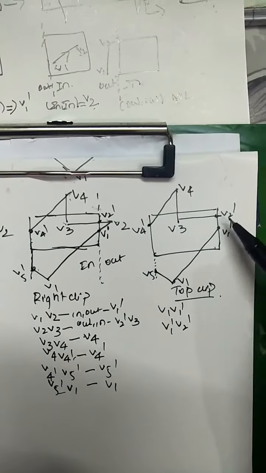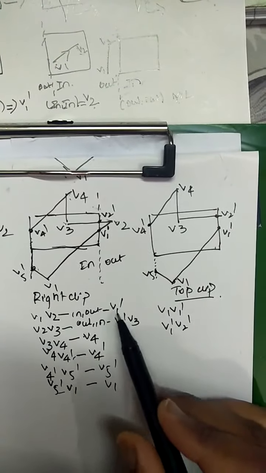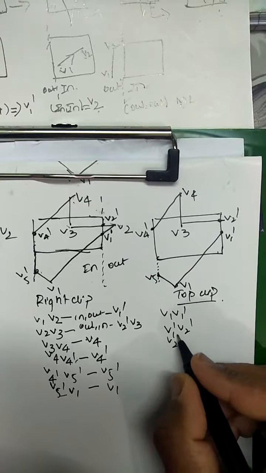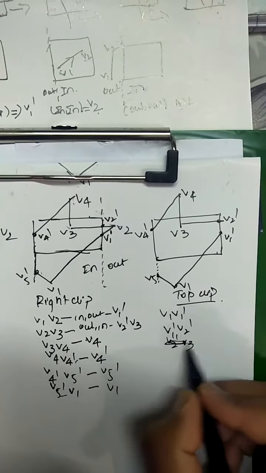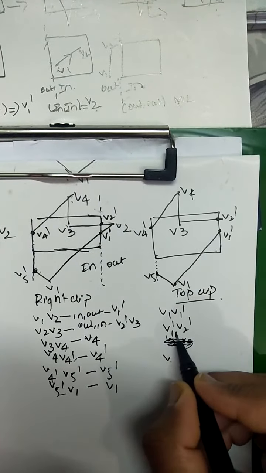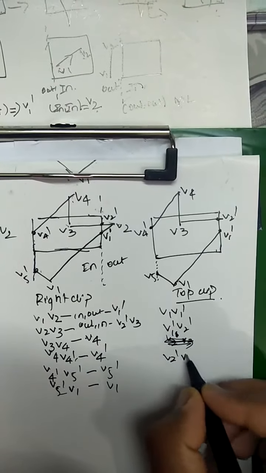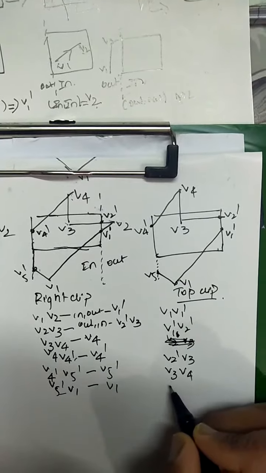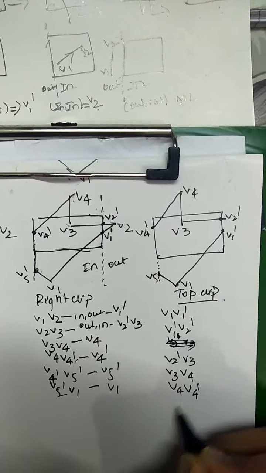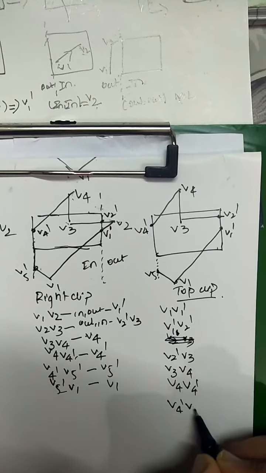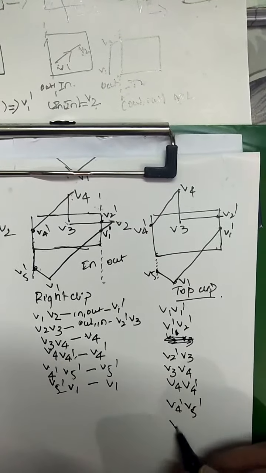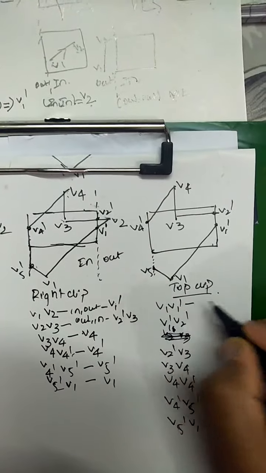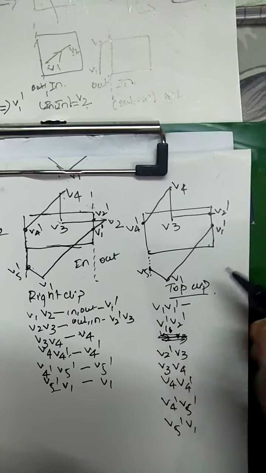Rather than looking at the figure, we can do it this way: v1, v1 dash, v1 dash, v2 dash, v2 dash, v3, v3, v4, v4, v4 dash, v4 dash, v5 dash, v5 dash and v1. Fine.